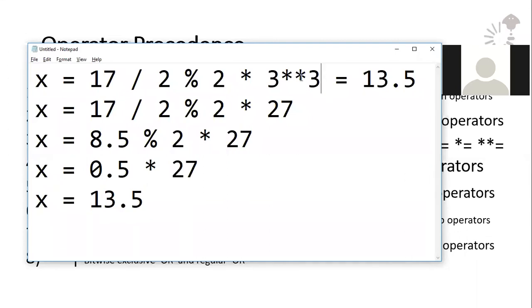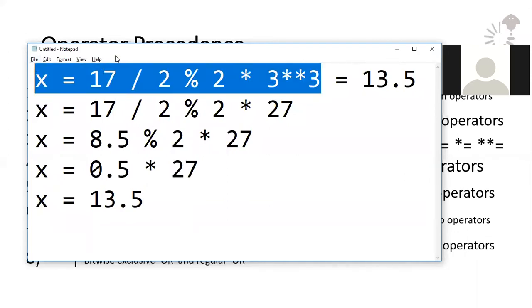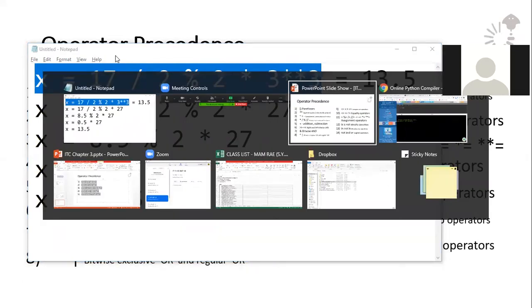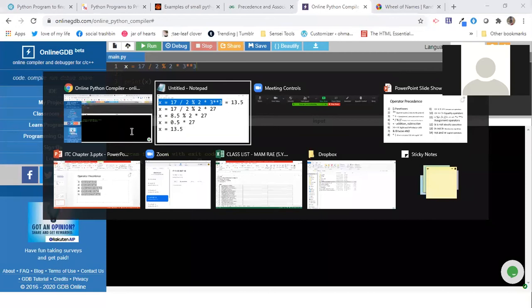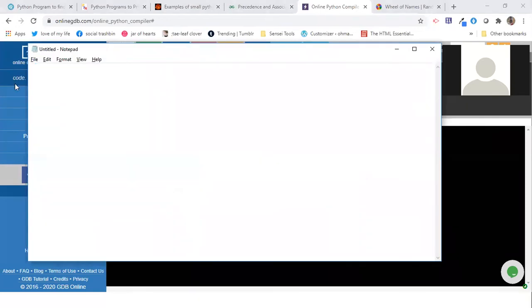Let's check if tama. That's 13.5. Okay? How about this?